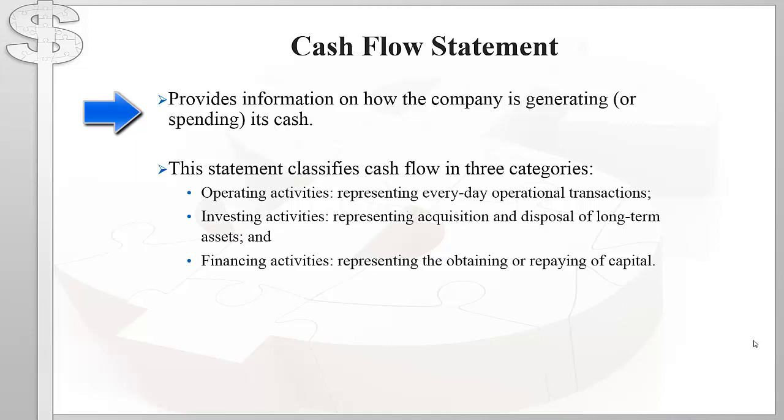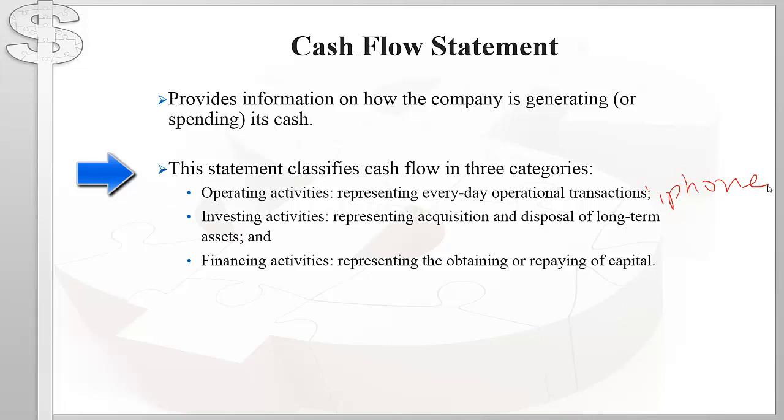The cash flow statement breaks down cash flows into three categories. The first category is the operating activities. Operating activities represent the day-to-day business operations of a company. In the case of Apple, this would be the sale of iPhone, for example.